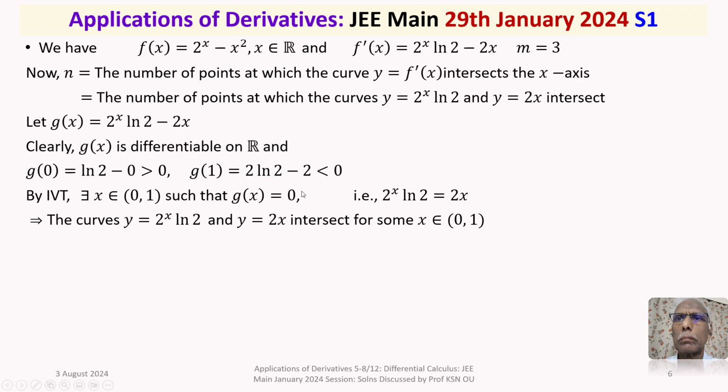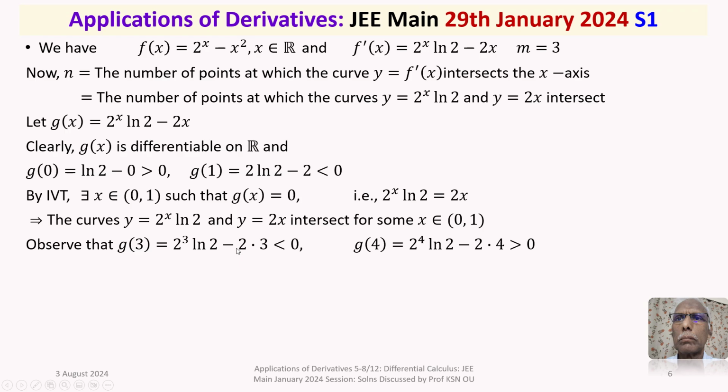Agreed. You can also argue in a similar way with g of 3 and g of 4. Observe that g of 3 is 2 cube into ln 2 minus 2 into 3, which is negative. g of 4 is positive. Again, by the intermediate value theorem, the curves y is equal to 2 power x into ln 2 and y is equal to 2x intersect for some x belongs to 3 to 4. Same argument.